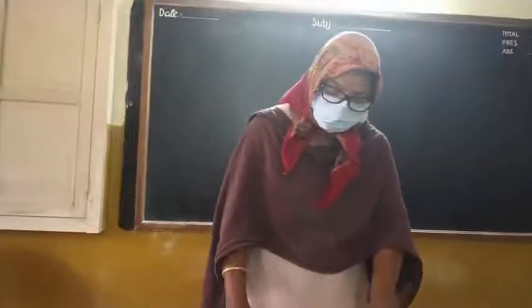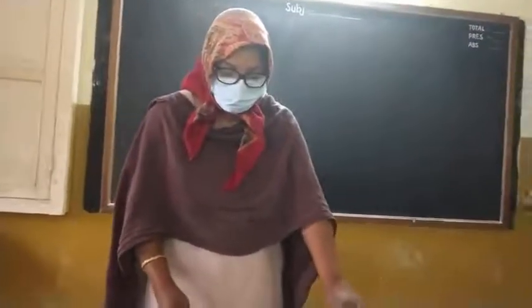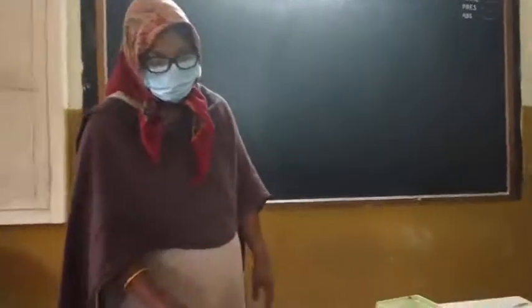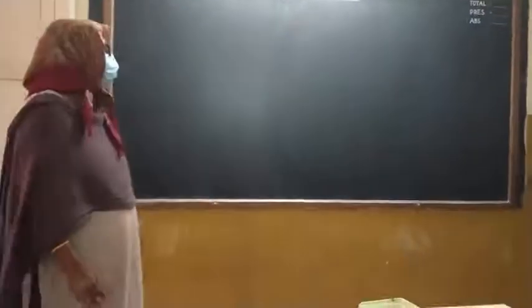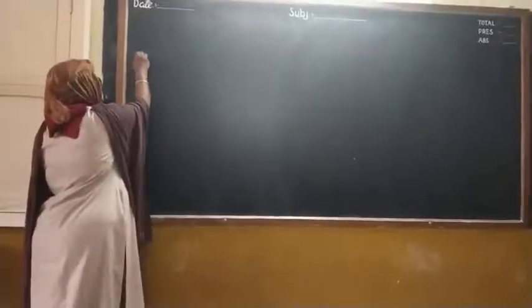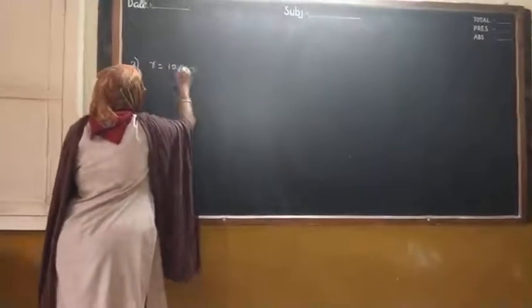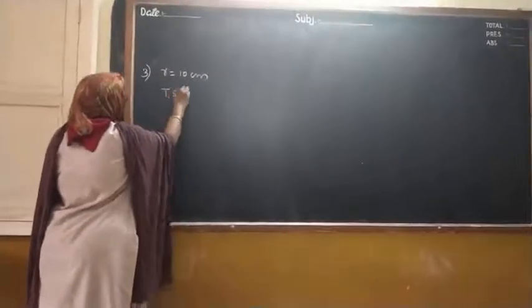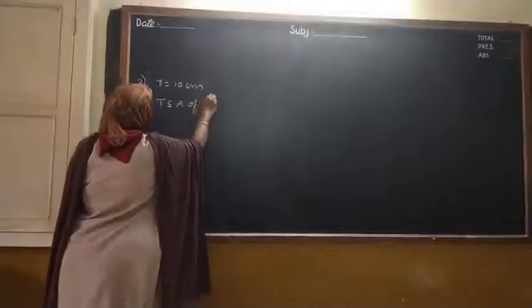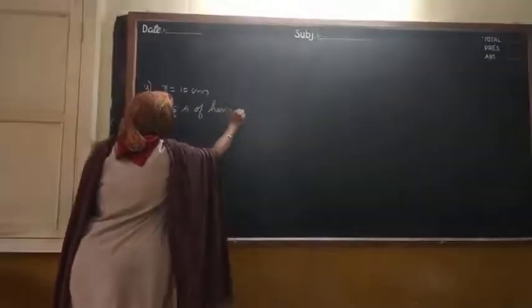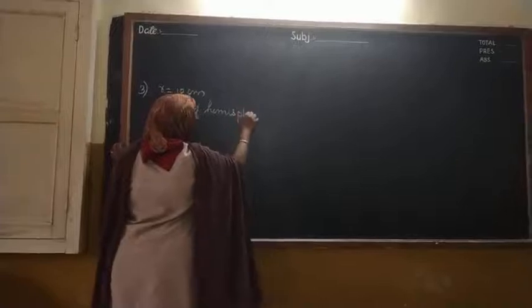Find the total surface area of a hemisphere of radius 10 centimeter. Total surface area of a hemisphere is equal to 3 pi r square.